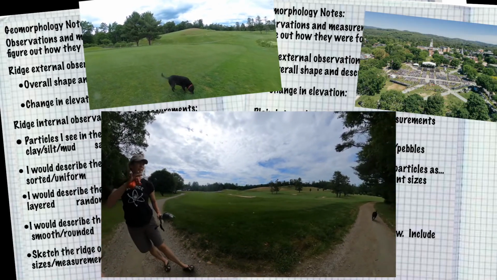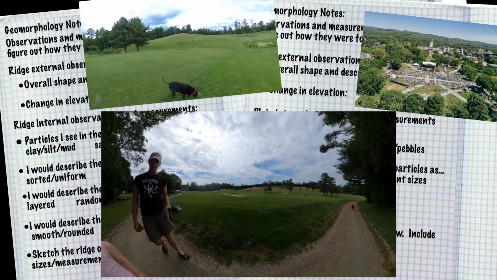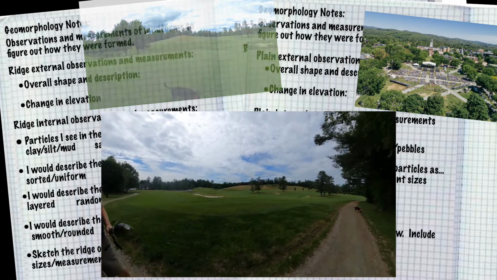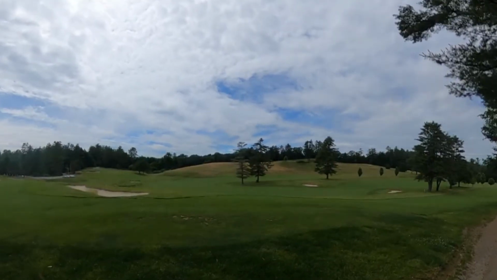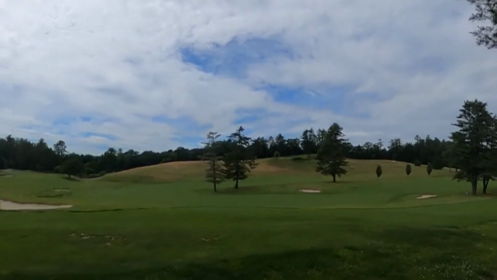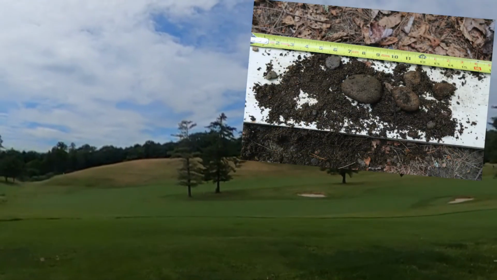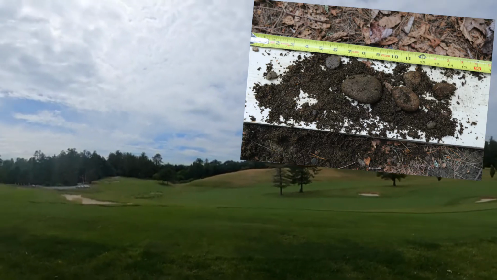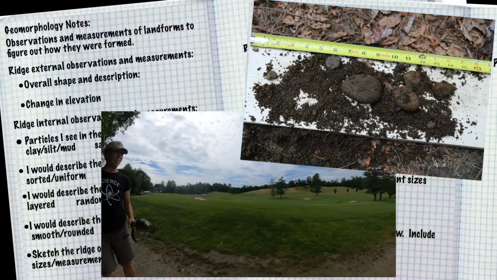So the ridge you can see out here actually to my left, to the west, and we noticed that it was a ridge. You made measurements about how high the elevation or relief of that ridge is. And then we looked at the sediments and we saw that they are coarse grained, larger grains. They were sand and gravel, and that gravel was rounded and there weren't any layers in it.